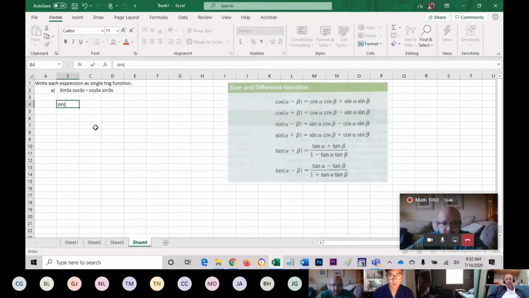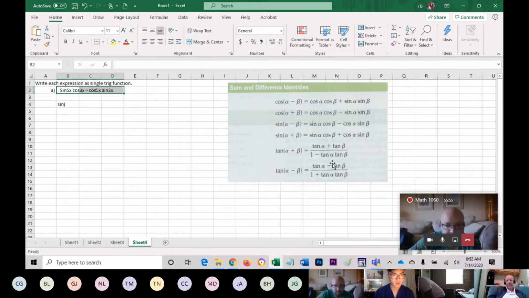I want you to simplify this expression using one of these. Sine of 5x. I have no idea how to do that.